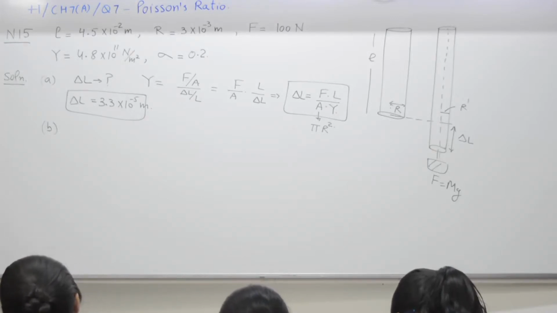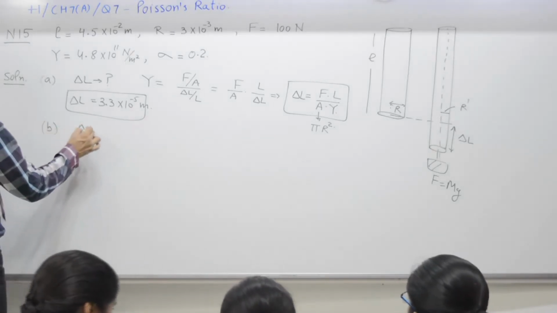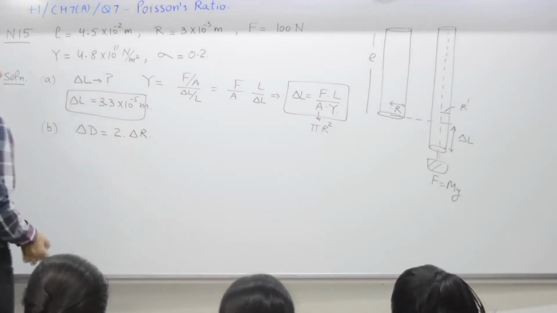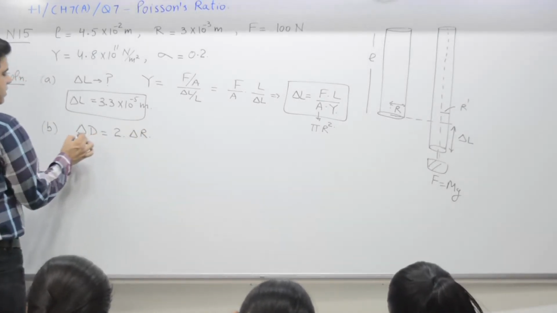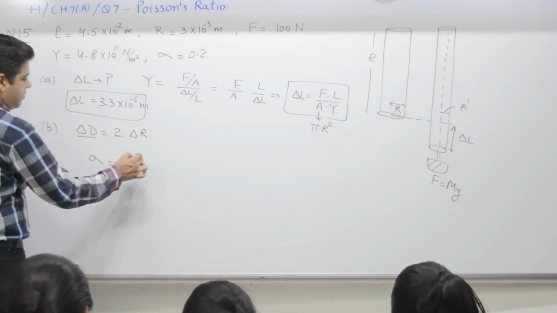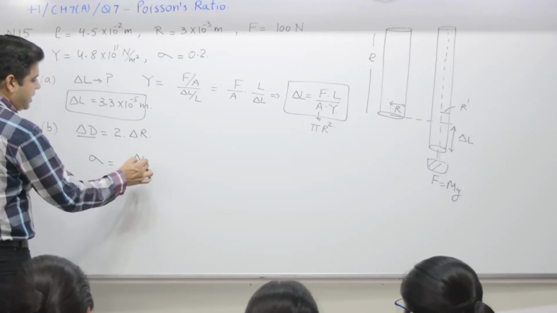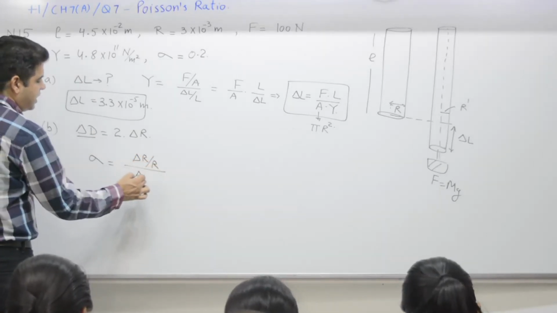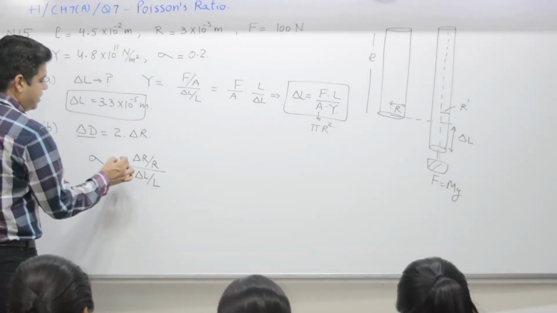Change in diameter. Change in diameter is 2 times change in radius. So this is what you need to find out. Poisson's ratio is the ratio delta R by R over delta L by L with the negative sign.